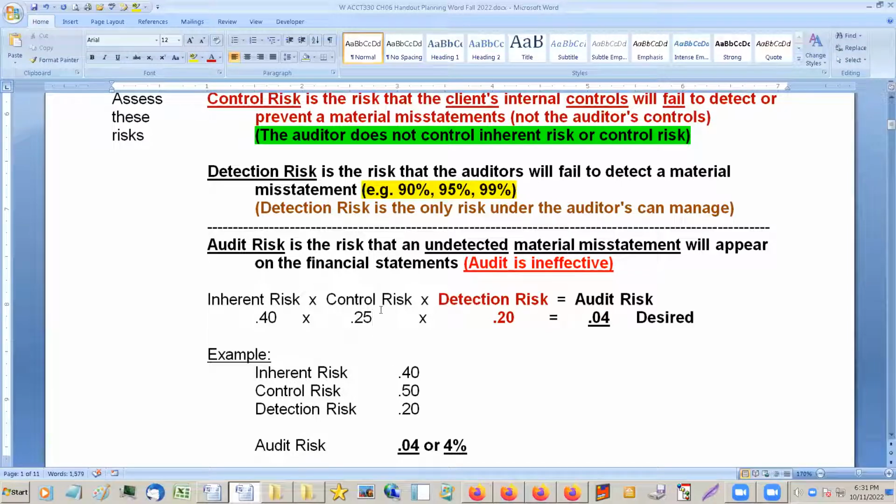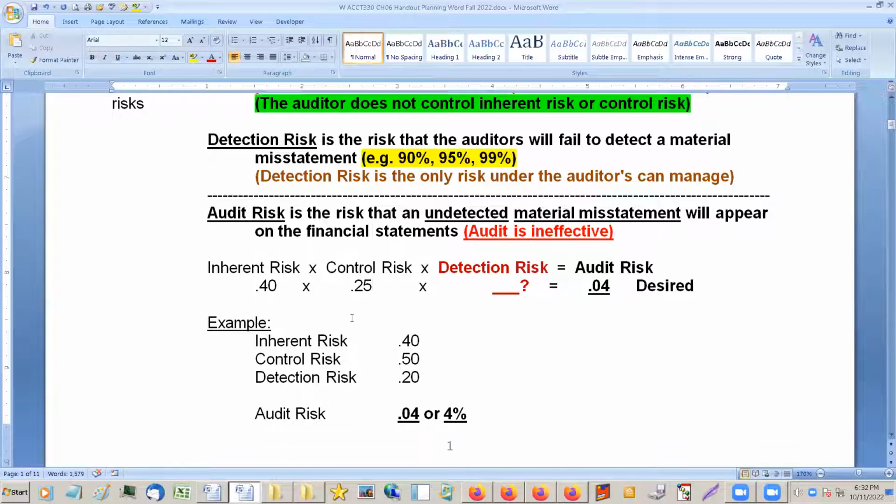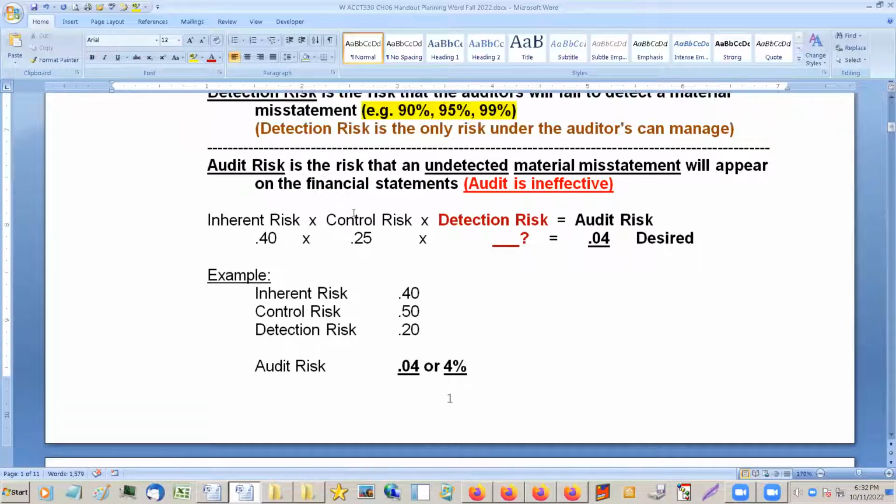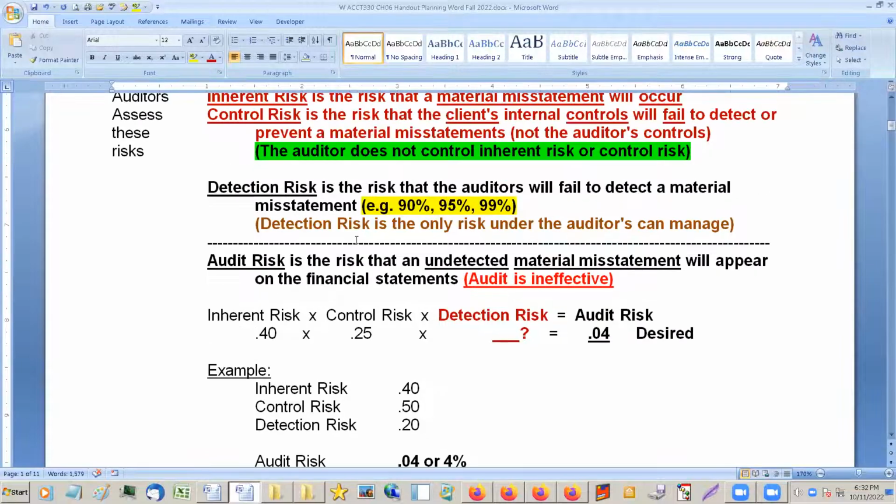Instead of a 50% chance, there's only a 25% chance that the controls are going to fail.